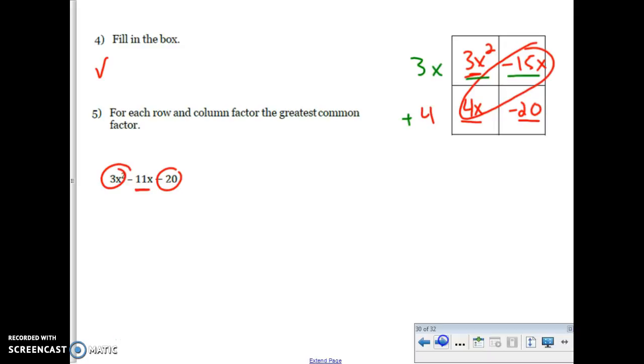What goes into 3x squared and 4x? x is the greatest common factor. Negative 15 and negative 20 are both negatives, so I factor out a negative 5. So my fully factored form turns out to be 3x plus 4 times x minus 5. Let's do one more.